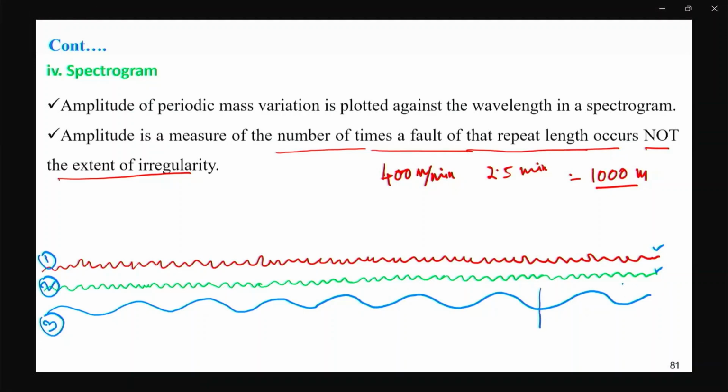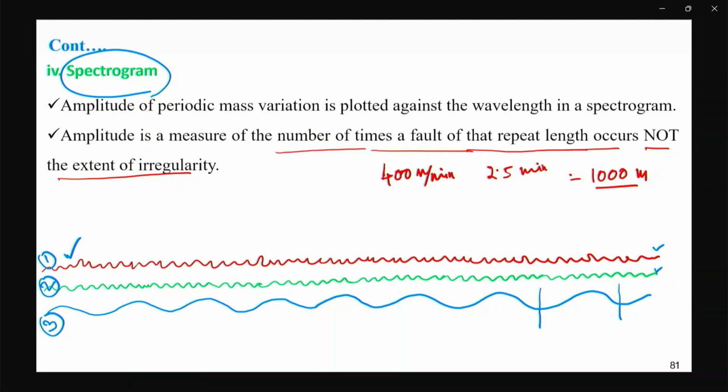Two consecutive thin places, the periodic length, is the wavelength. In the first yarn, as I have told, there is no periodicity, so the number of repeats we can consider as 0.